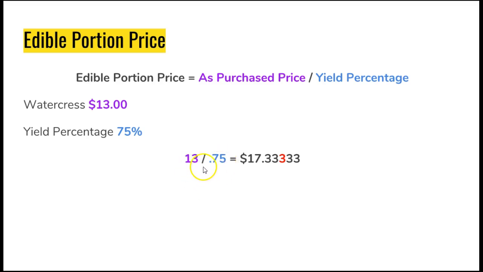So 13 divided by 0.75 equals 17.33333. Now, am I going to round up or am I going to round down? That is where you look at that third number. Remember, it's below 5, so that means we're rounding down. So the answer is $17.33.